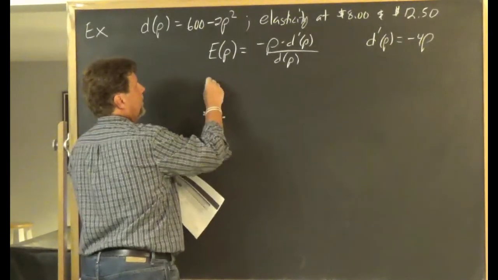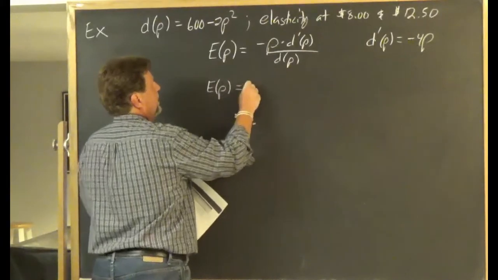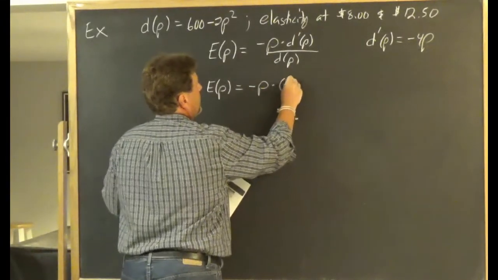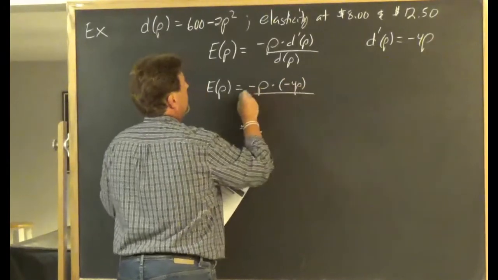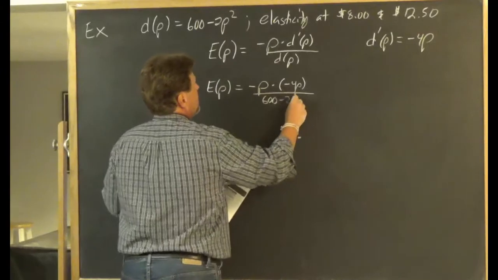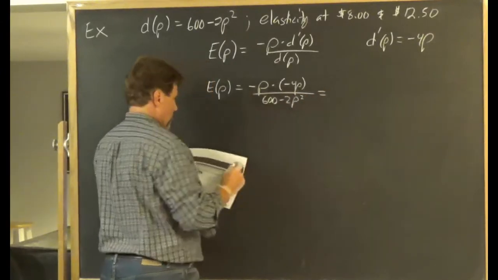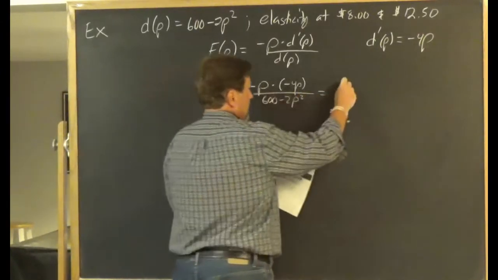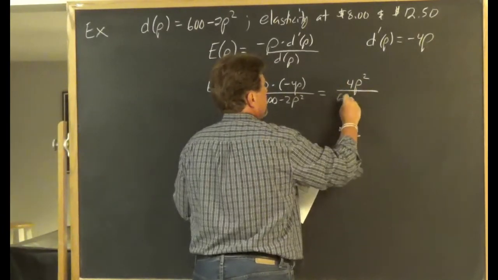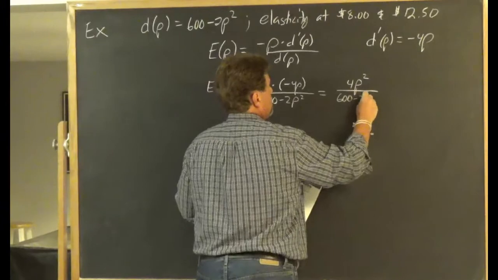So in general, E of P is negative P times a negative 4P all over 600 minus 2P squared, which, let's simplify just a little bit, is 4P squared over 600 minus 2P squared.